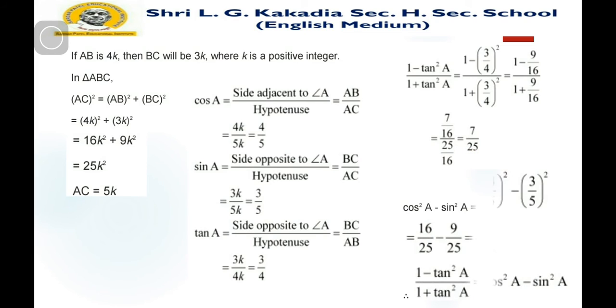As well as for RHS, cos square A minus sin square A, (4 upon 5) square minus (3 upon 5) square, we find the value is 7 upon 25. This means the values of RHS and LHS are equal. So we can compare both sides: (1 minus tan square A) upon (1 plus tan square A) is equal to cos square A minus sin square A.